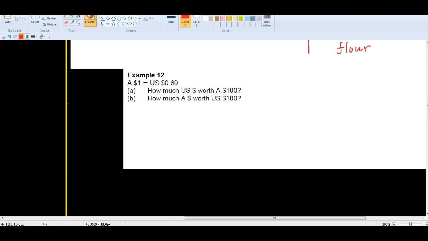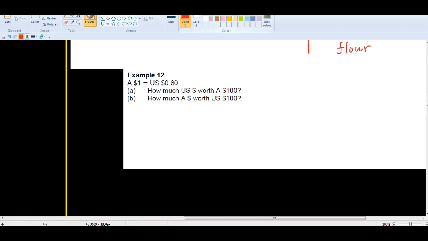This is what we call a ratio, because both are money, right? But all exchange rates should be in direct proportion. So how could we work out how much US dollars 100 Australian dollars is worth?